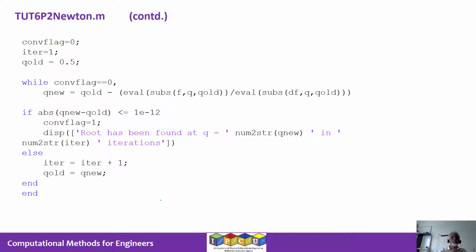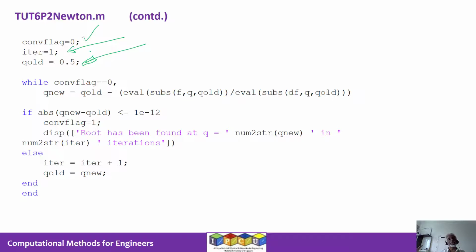So here, as usual, I'm setting convergence flag equal to 0. And the Newton method will continuously keep improving until the convergence flag has turned to a non-zero value. I'm also keeping, as usual, a tab on the number of iterations by using an iteration counter, which I've started at 1. And this is my initial guess, the starting guess required for the Newton method to start processing.